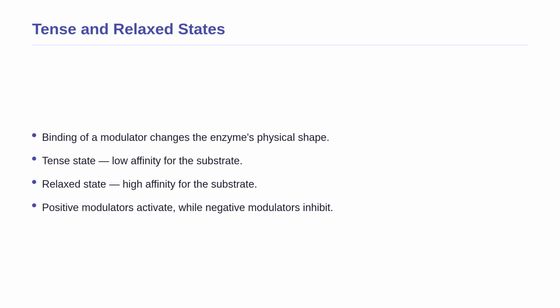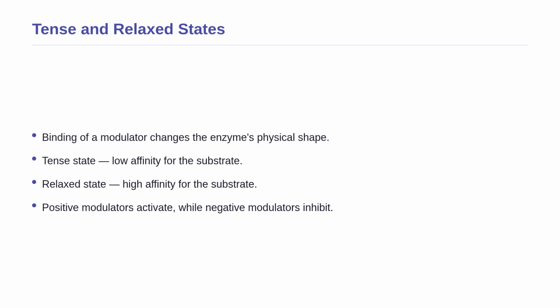Now that we understand the basic factory analogy, let us look at how this control panel actually changes the enzyme. When a specific molecule, called a modulator, binds to the allosteric site, it forces the entire protein structure to shift between two distinct physical states.